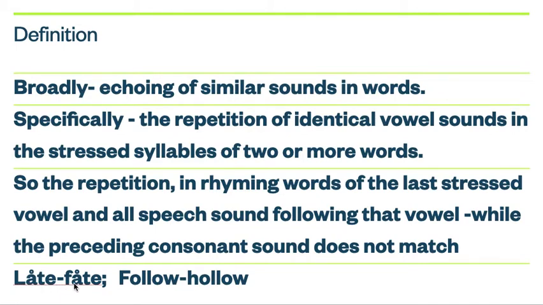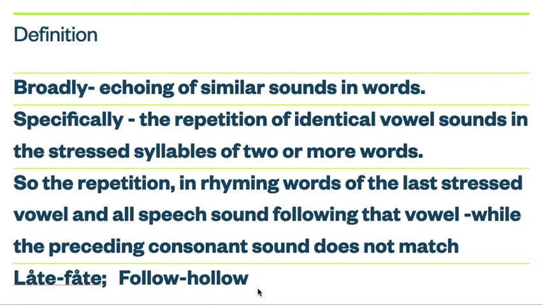Late, fate: here the preceding sounds L and F don't match, but the vowel sound matches. In this example, follow, hollow, there is repetition of the sound, but the preceding sounds F and H do not match.